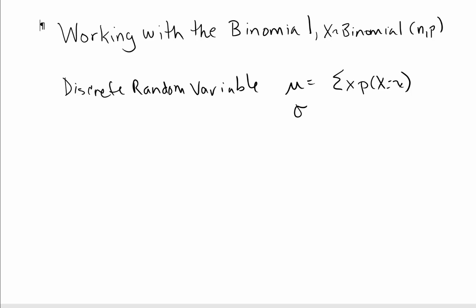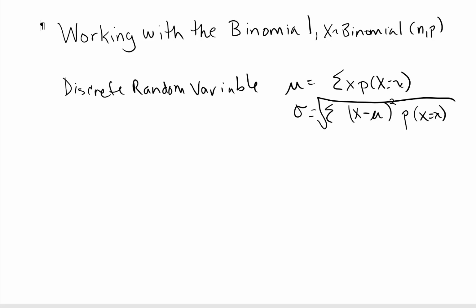And the standard deviation we would find as the summation of each random variable value minus the mean that was just found, squared, times the probability of that random variable occurring, and taking the square root of that. But that was for any particular random variable.